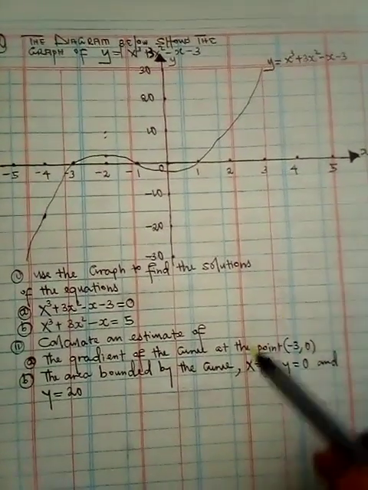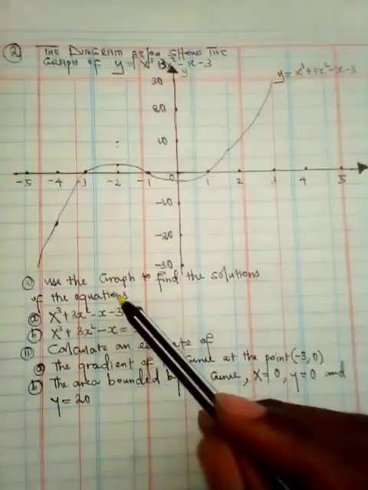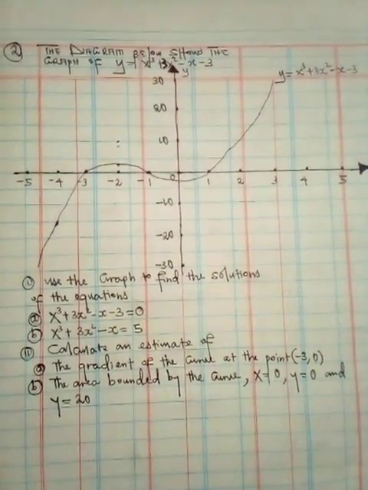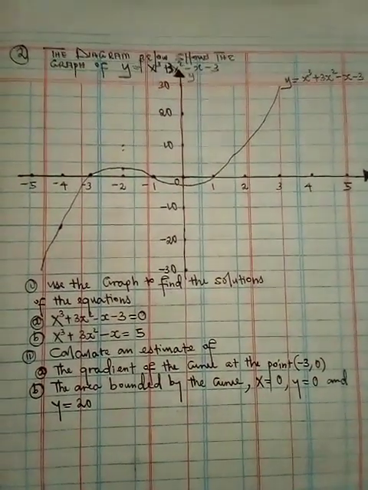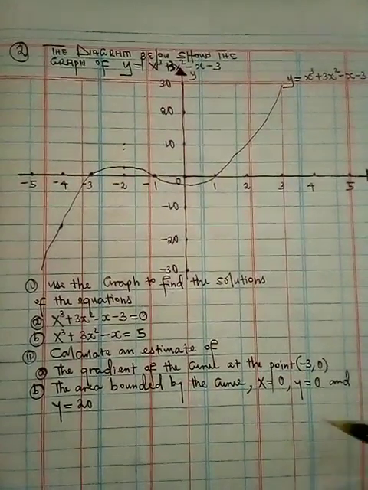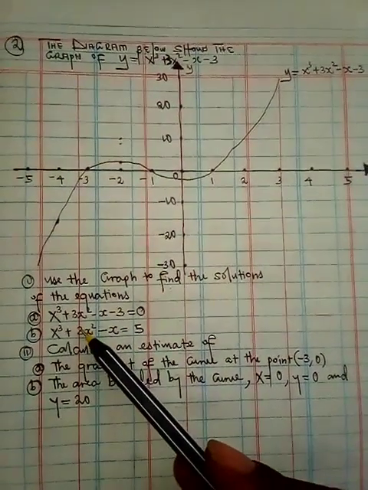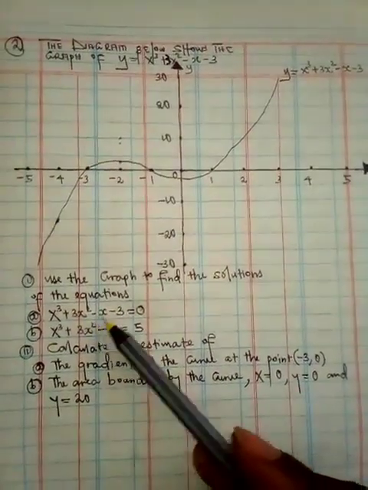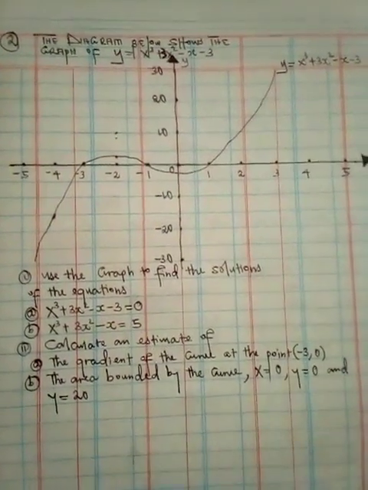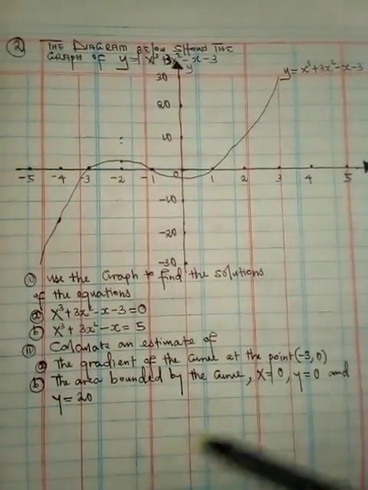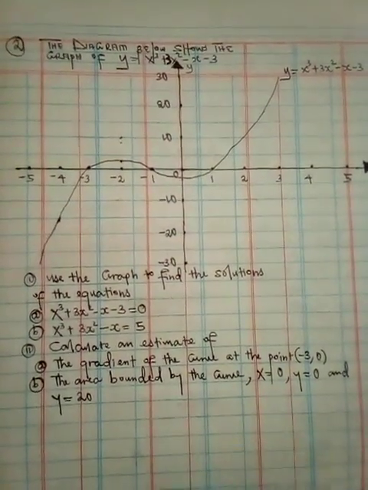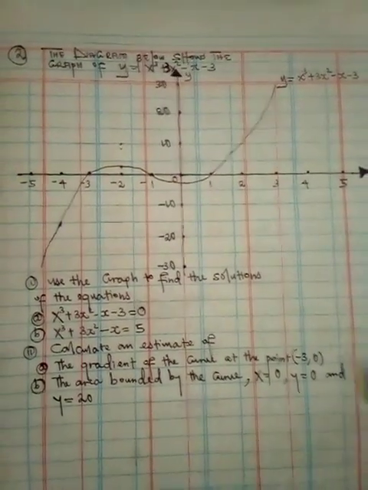So again, they're saying use the graph to find the solutions of the equation x to the power 3 plus 3x squared minus x minus 3 is equal to 0.